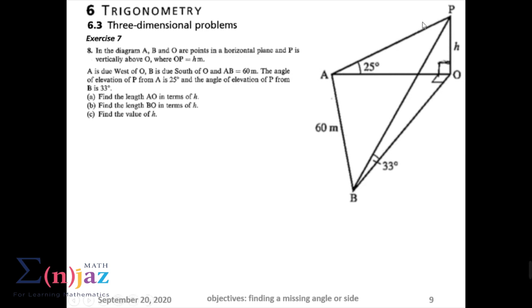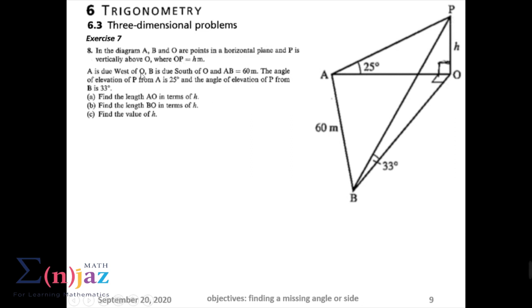And P is vertically above O, which means line PO makes a 90-degree angle with OA, where OP is H. So they named this unknown, OP, as H, and M means the measurement units are in meters.